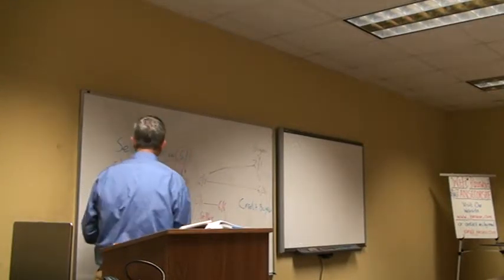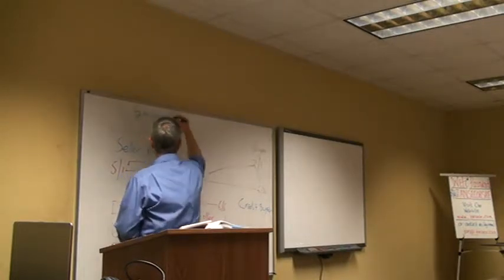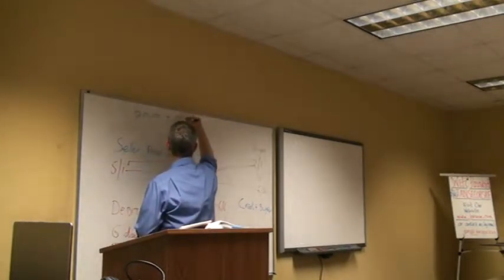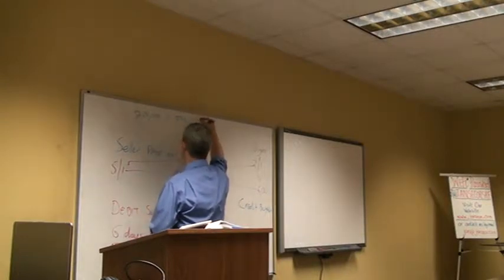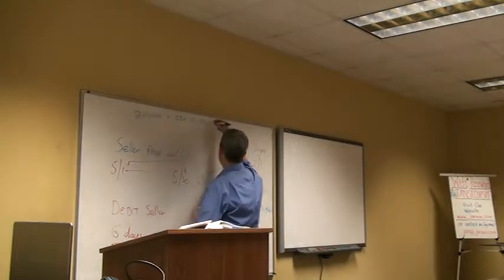So at 200,000 at 5% is 10,000. That's yearly interest.